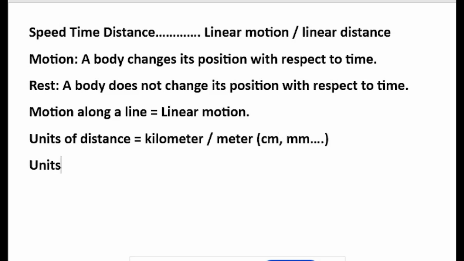And how do you measure time? Time: hours, minutes, seconds, days, months, years. But for our purpose, we will consider only hour and second. So, units of distance: kilometer or meter, although it can be centimeters or millimeters, but in this chapter we will consider only kilometer and meter.